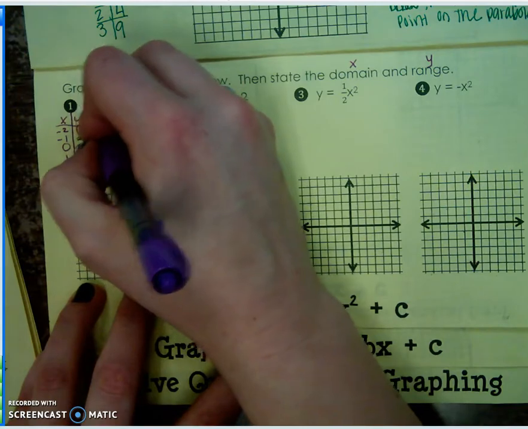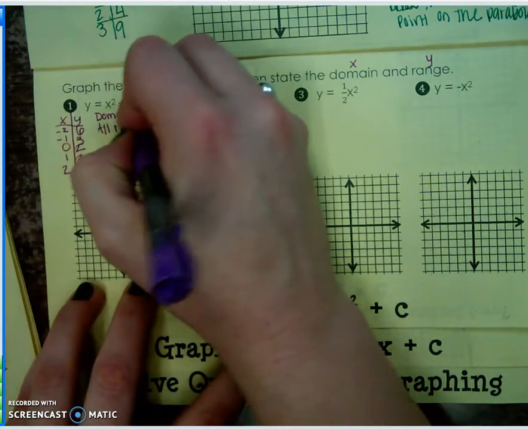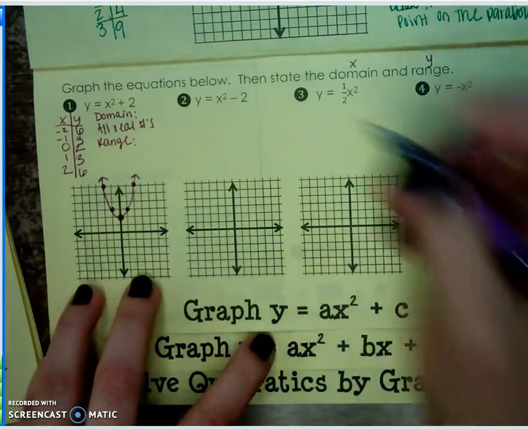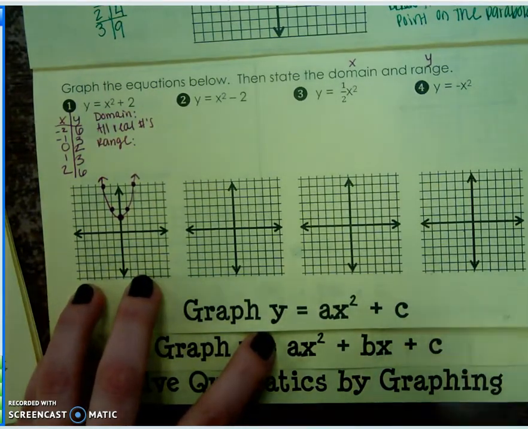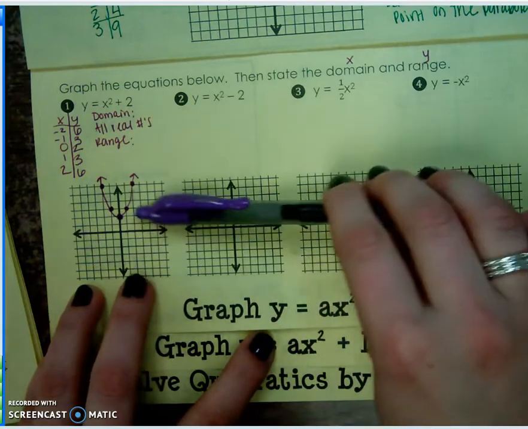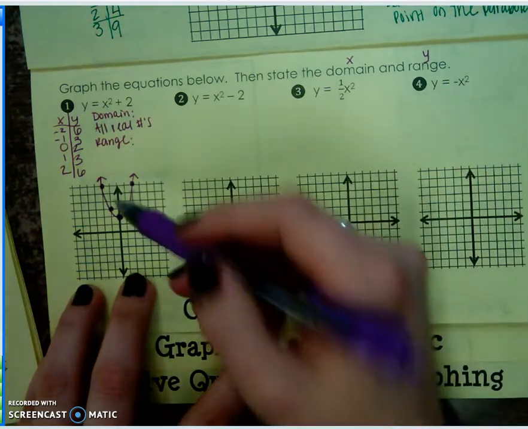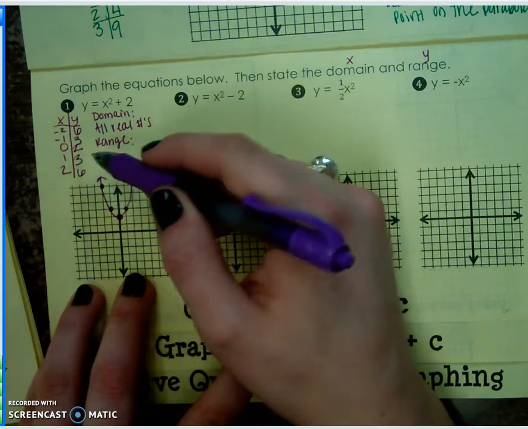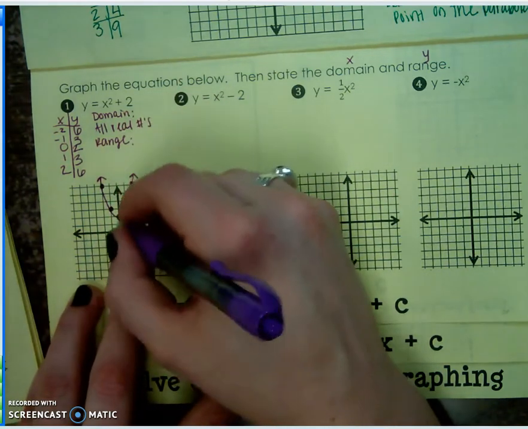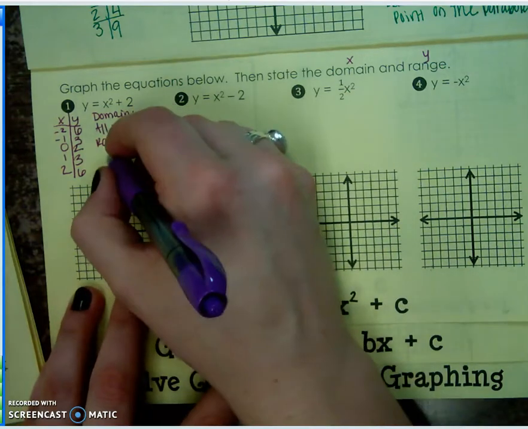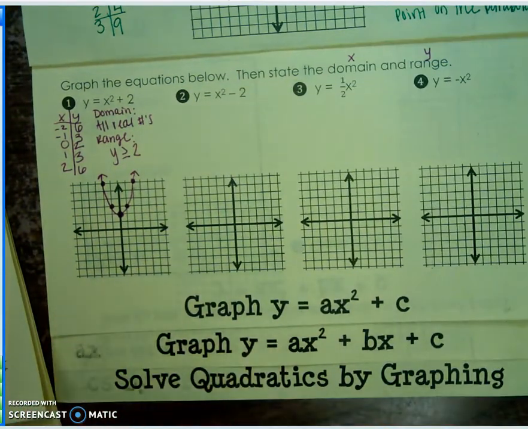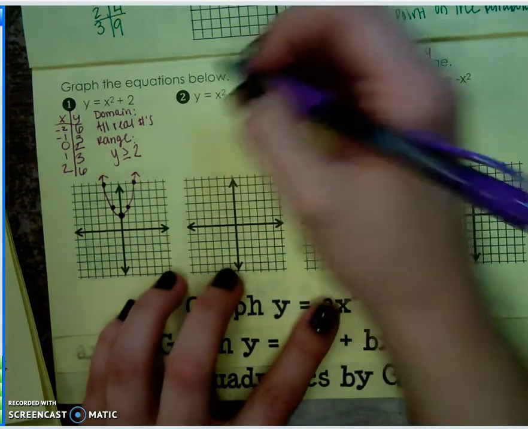So we're going to say all real numbers, and then the range, the y, it cannot go below whatever, when x is 0, what is y? In this case, it's 2. So y is never going to be less than that 2, so y has to be greater than 2. That's our range.